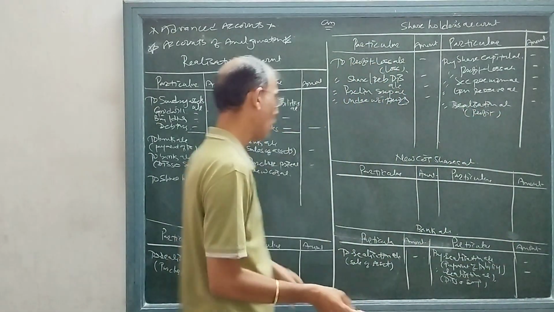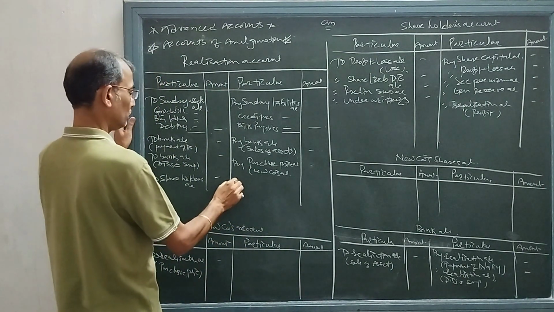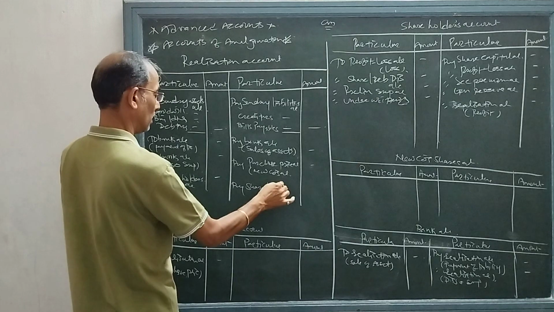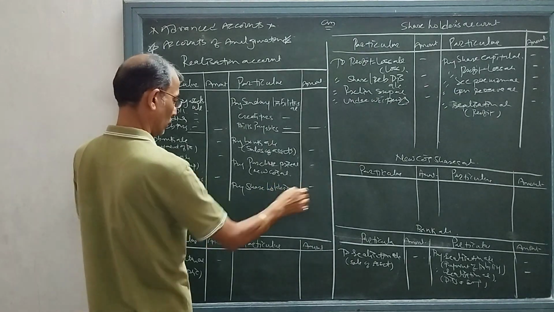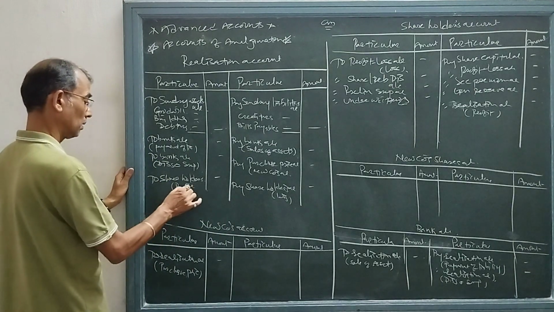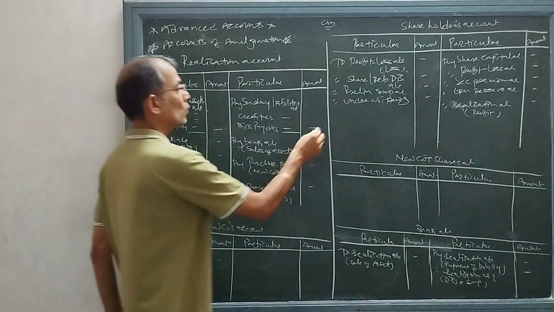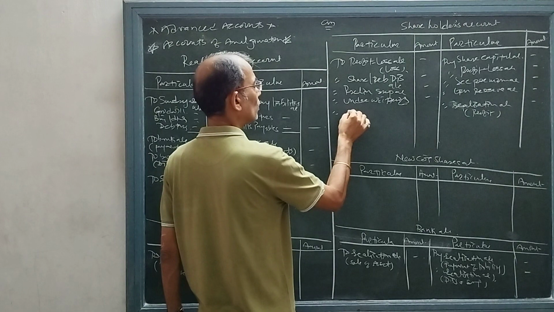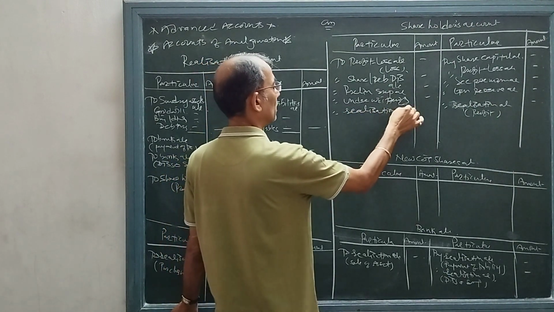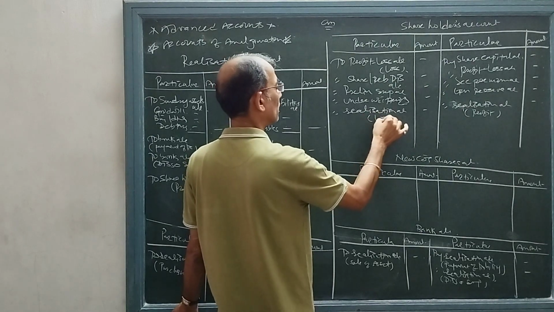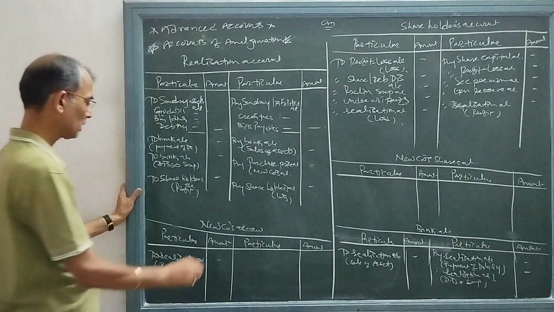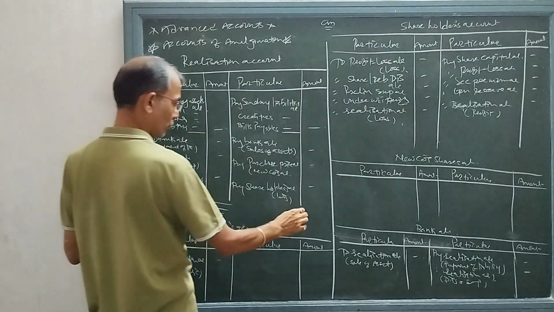If there is a loss, then on the debit side of the shareholders account: To realization account, that is loss. Now this account has been closed.